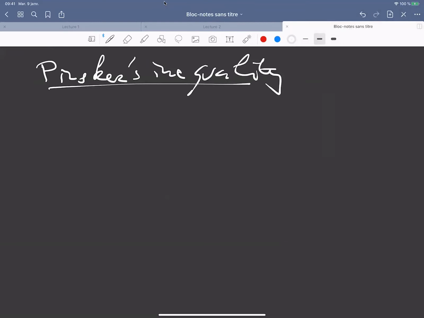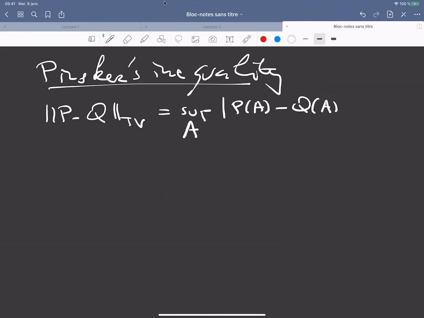This is very, very simple because now you look at the total variation distance, which is defined as the supremum over the measurable sets of P of A minus Q of A. And if Q is absolutely continuous with respect to P, you may express this supremum.